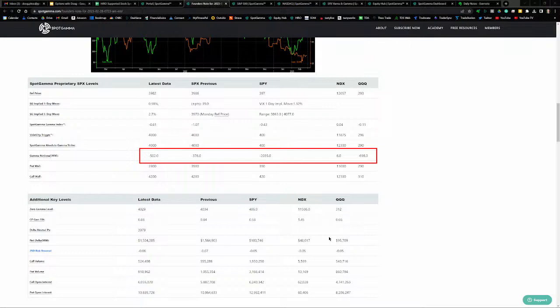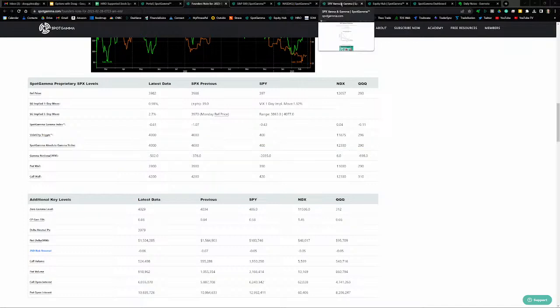So that's mixed for the S&P 500. And then QQQ gamma notional has shifted to slightly less negative. Yesterday it was minus 735, and today minus 698. So not a lot of significant change. All of these numbers are still significantly negative with minor changes from yesterday.